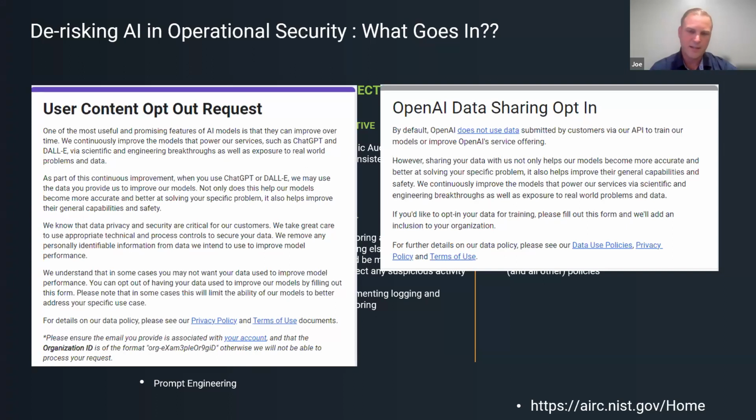So you have to find and navigate to the form internally within the platform to actually opt out. Contrary, when you start using the API, you're automatically opted out, and you can go in and fill out a form to opt in. Now, you have to know what technology stack you're working with here. I'm certain everyone has their own policies and procedures, but you can definitely de-risk just by understanding how you can opt in or opt out of contributions to the learning model.